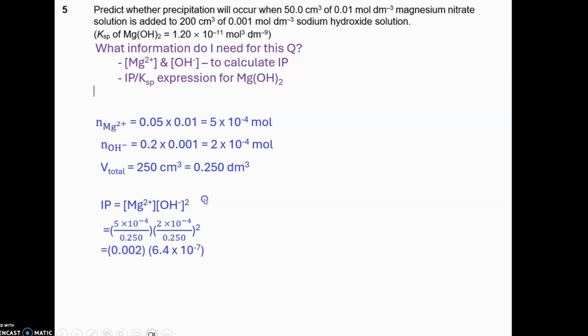I can then press calculator and you'll find that the IP is 1.28 times 10 to the power of negative 9 mole cube dm power negative 9, which exceeds the KSP value for magnesium hydroxide, and thus we'll predict that a precipitation will occur.